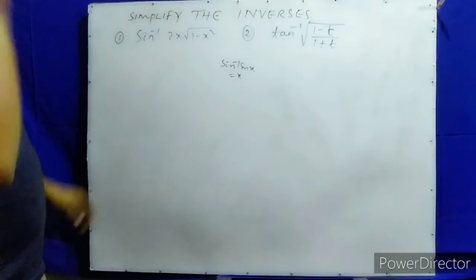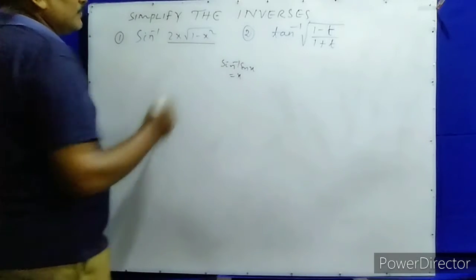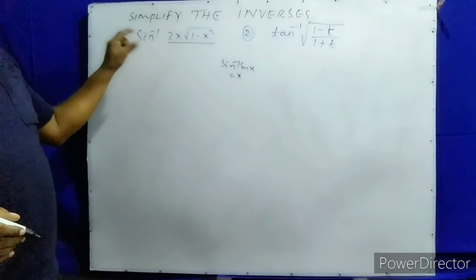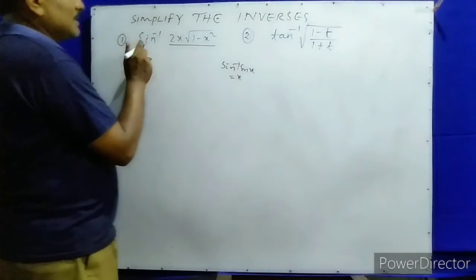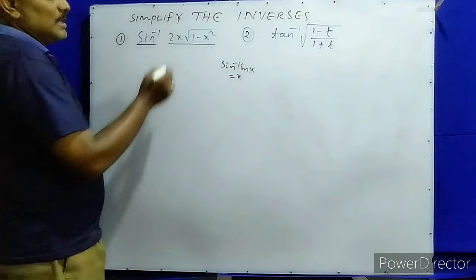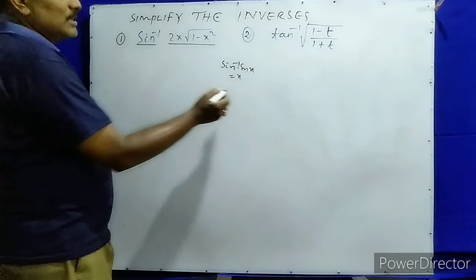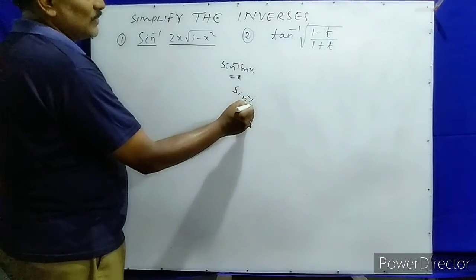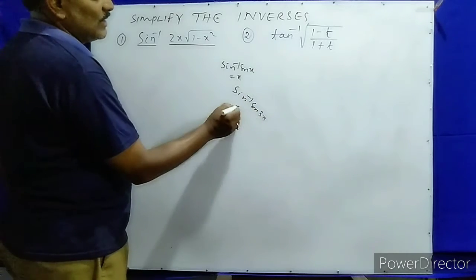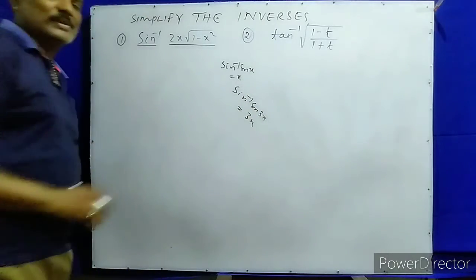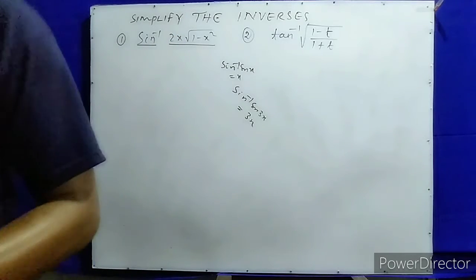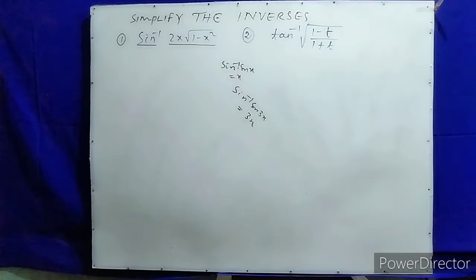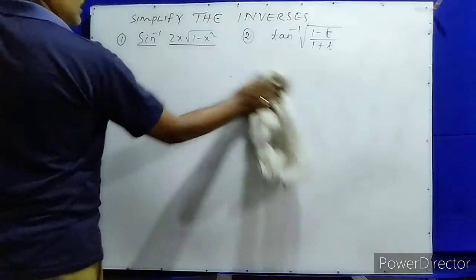In this way, if sine inverse of sine something is there, it will reduce to that value. For example, sine inverse sine 3x gives 3x, because sine inverse cancels. So by proper substitution, we will reduce this value.